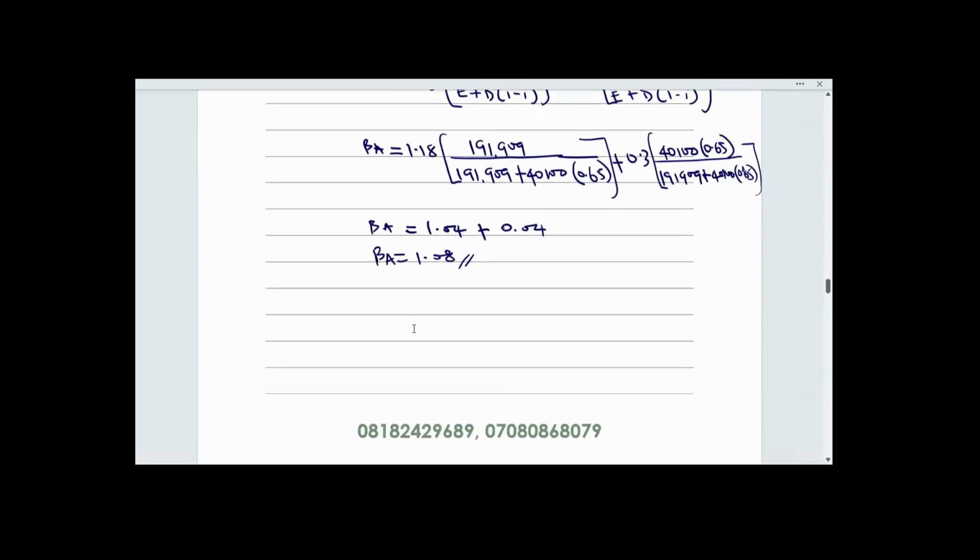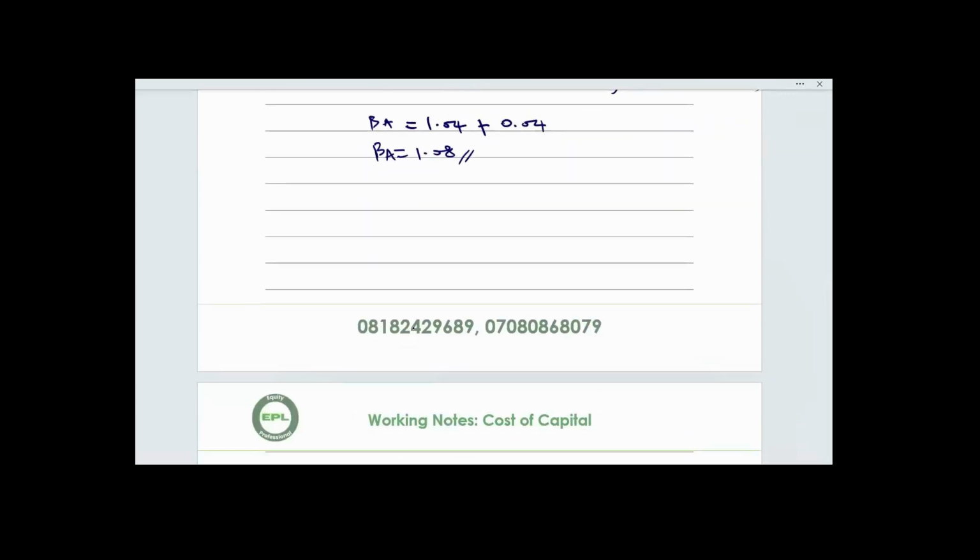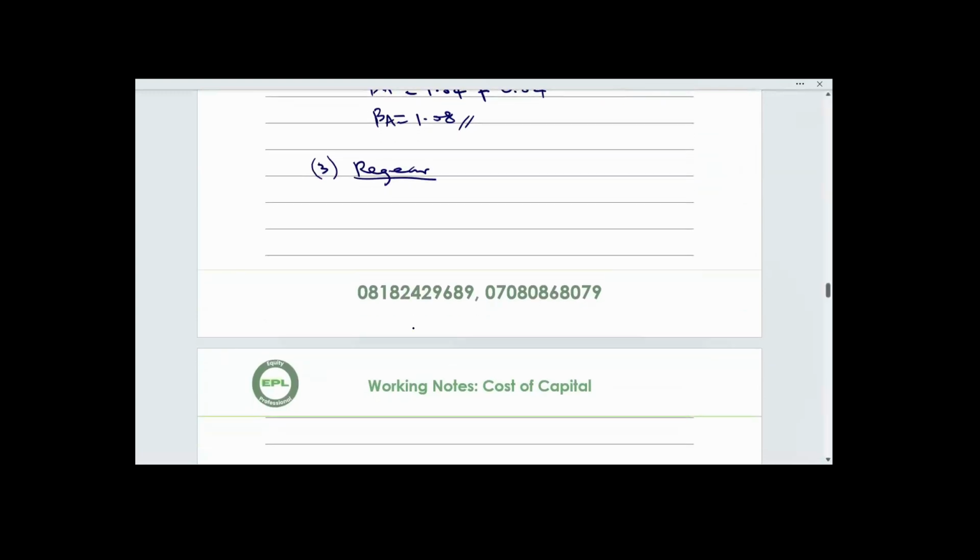Then step 3 is to regear. When you want to regear, you repeat the same formula you have in step 2.